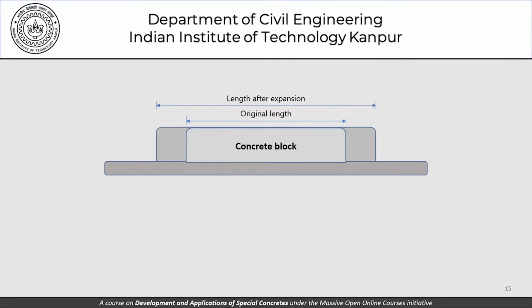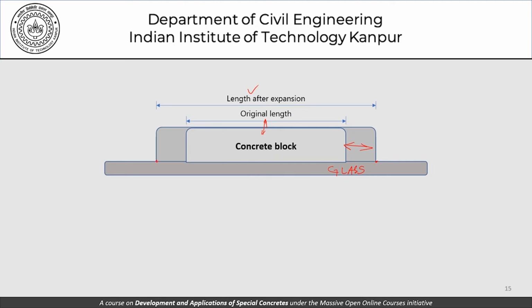Let's not bother so much about the expansion in this direction. We are more concerned about the expansion in this direction. So this shows the length after expansion. The glass plate comes in because it does not offer any resistance to expansion. So the block smoothly slides over and reaches this point here.